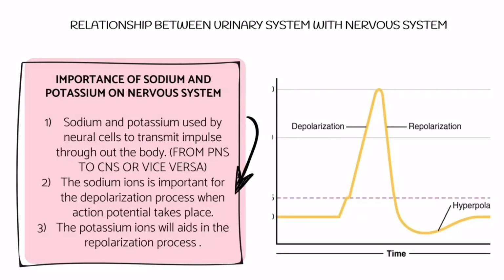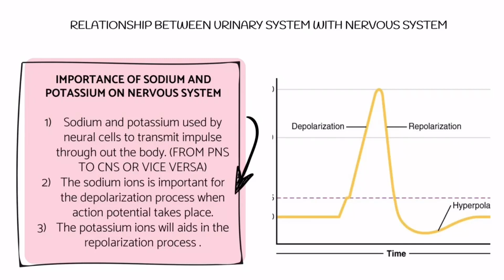Repolarization is a process where the potassium ions rush out from the cells, causing the membrane potential of the neuron cells to become more negative.